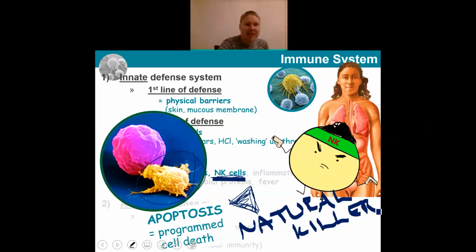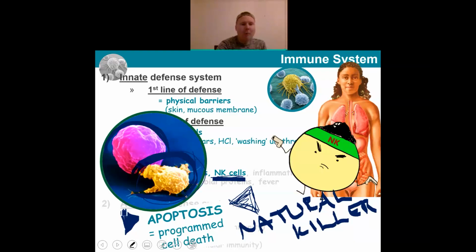If they find a pathogen, such as this one, where the yellow one is our natural killer cell and the purple one is something that shouldn't be there, they go to that cell and make it start something called apoptosis.